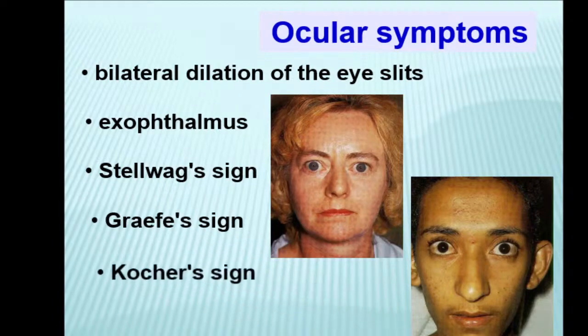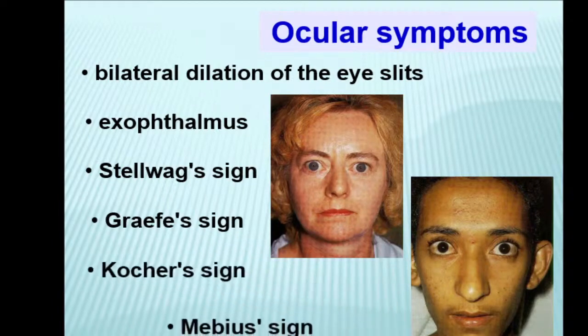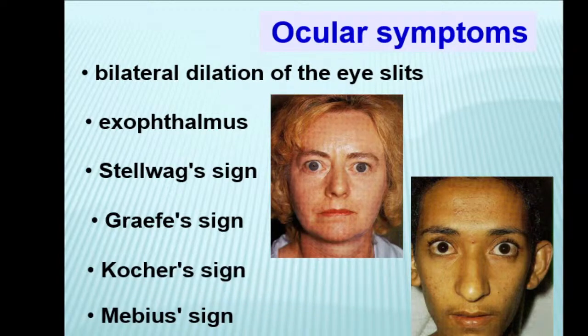Graefe, Kocher and Möbius signs will be checked with a specific action of the doctor because only seeing is not enough. We must do some manipulation. To check these signs, we'll ask the patient to fix on some object.